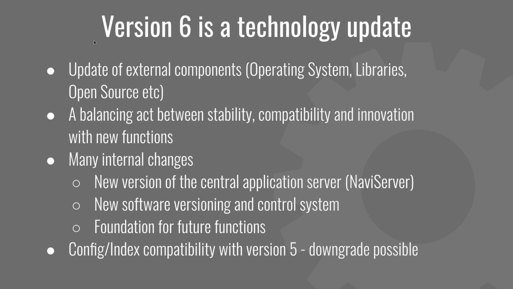This would destabilize P5 and very often make it incompatible with older operating systems. So the challenge is to find a compromise between innovation on one hand and stability and compatibility on the other. So when is the right time to say goodbye to support for an older Mac OS X or Windows or Linux? After 5 or 10 or 15 years, everyone would have a different answer to that.